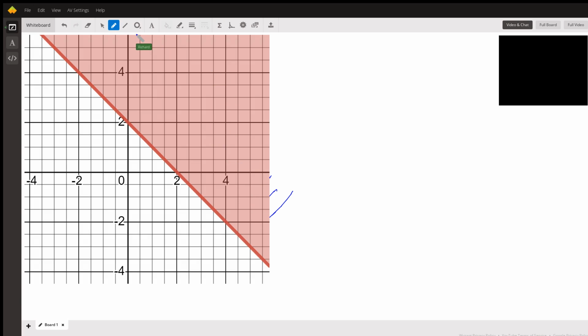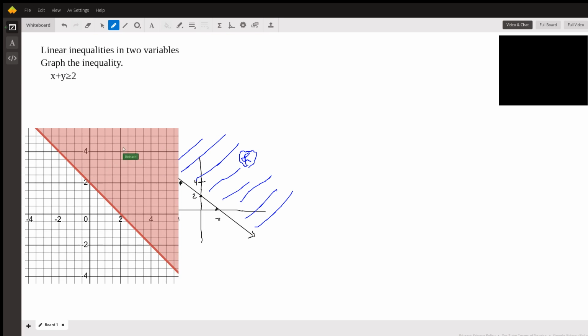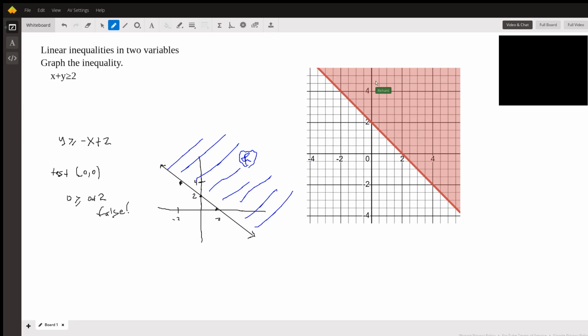So here's the graph that I built with Desmos. It's very, very fast to do this. It takes less than a minute. And so you can see the result that we're getting from the online grapher. It looks an awful lot like what we got here.